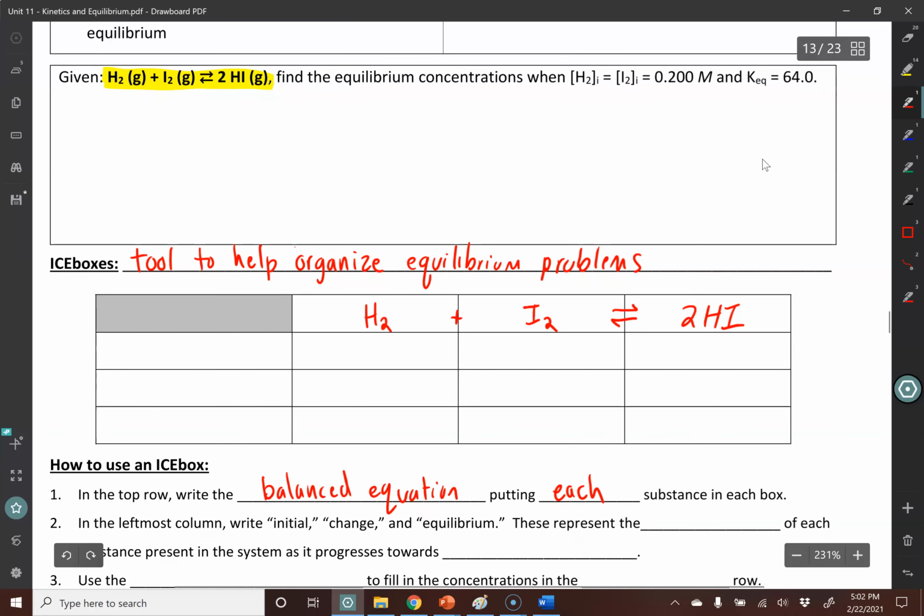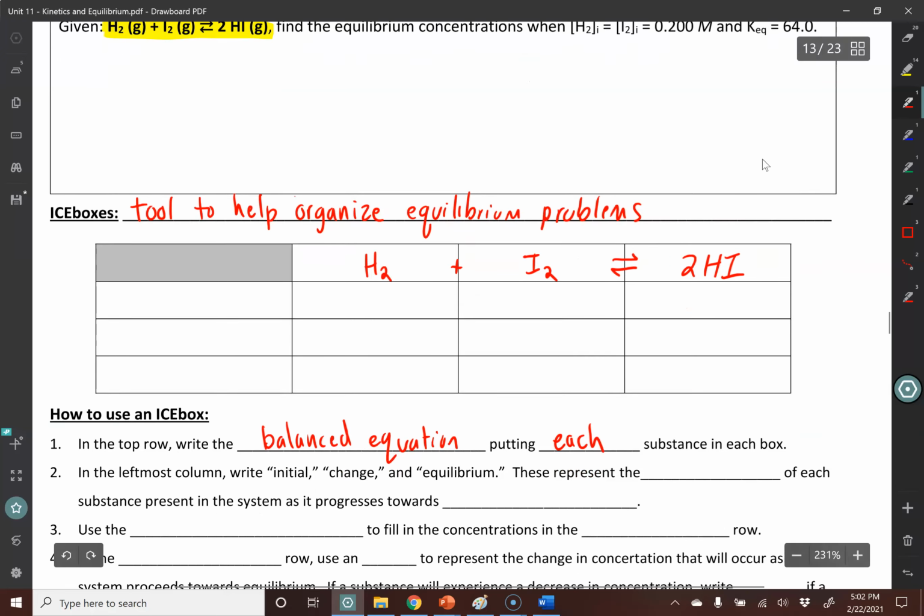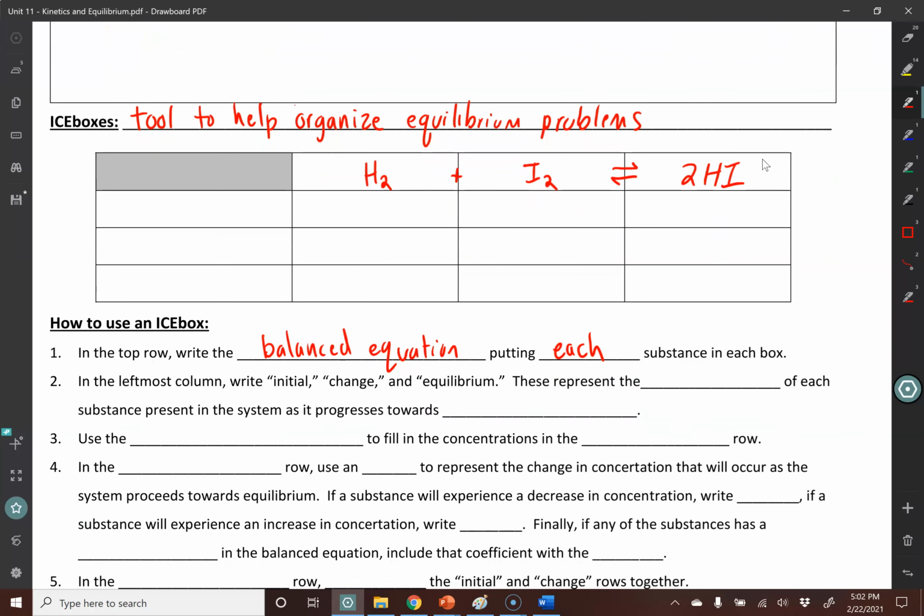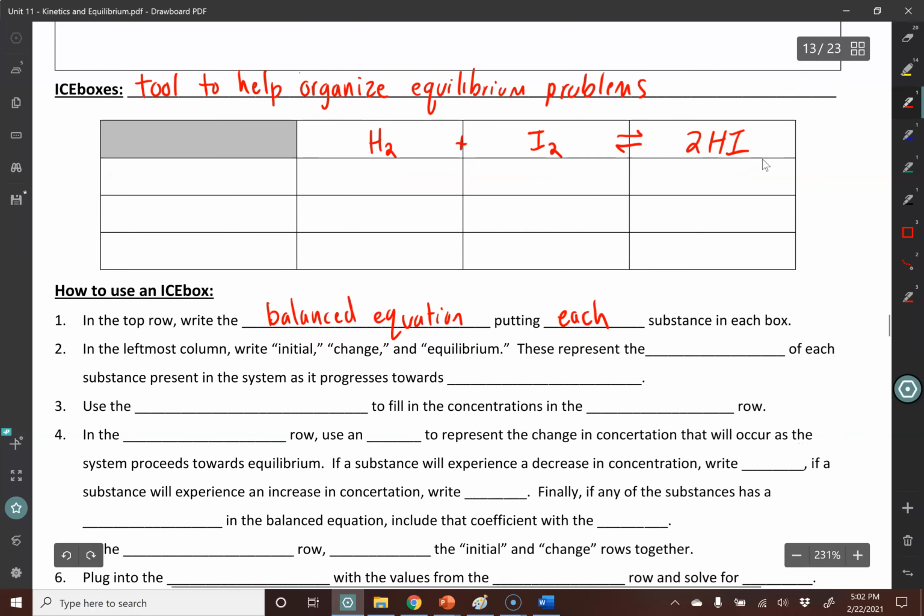If we look back at the problem, we can see that all of those substances are gases. To save myself a little bit of writing, I'm not going to include the phase in my ICEbox. There'd be no problem, though, if you chose to do so. In the leftmost column, we're going to write initial, change, and equilibrium. Let's go ahead and do that now. Initial, change, equilibrium.